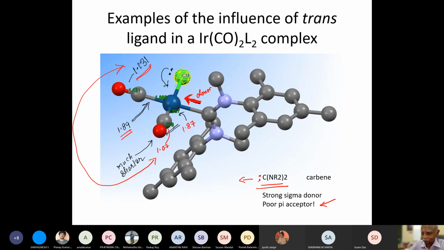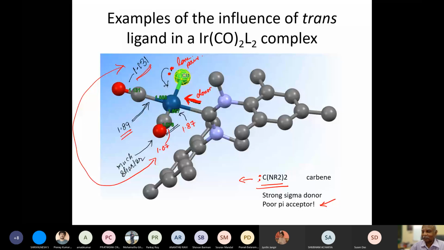This is a slightly complicated example because it is possible for the chloride to push in electron density through the lone pair also. So there is a complication. I think I took a more complicated example first.